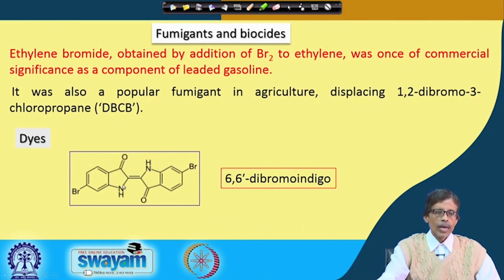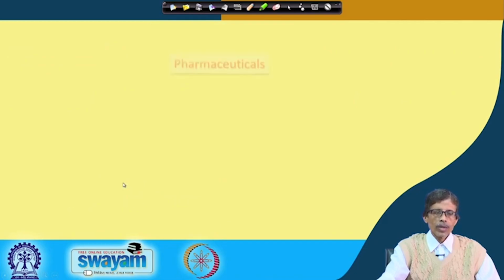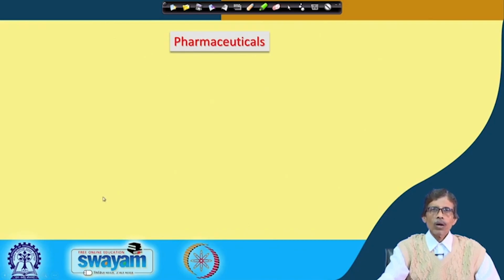So, this is also another important application of bromine compounds, and lastly we will see how the pharmaceutical industry can also benefit, because pharmaceutical molecules, we all know, can be used as useful drug molecules or medicines for our use.